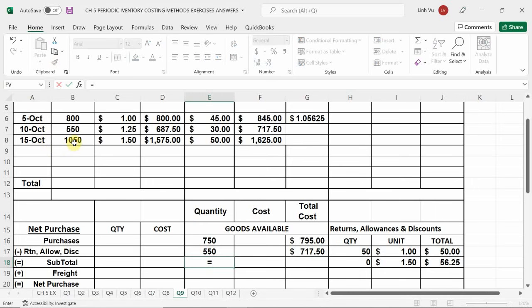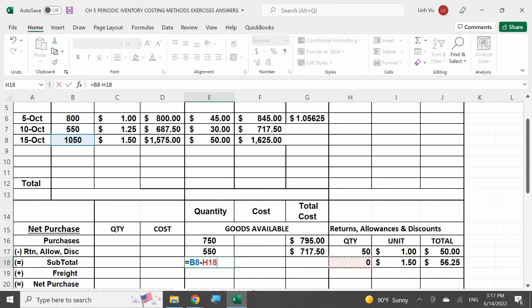So in this case, we still have all 1050 items, right? Because the vendor convinced us, hey, there's nothing wrong with the toys. We're sorry we sent you the wrong model, but you could still sell that toy model. It might be a limited edition toy that you have exclusive in your store.